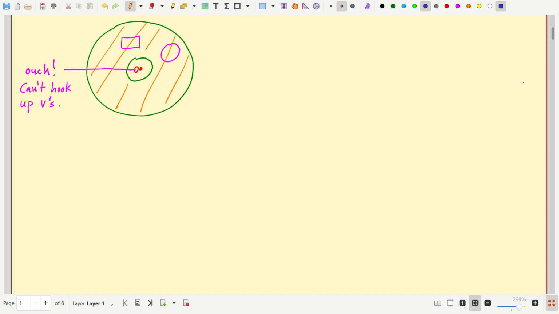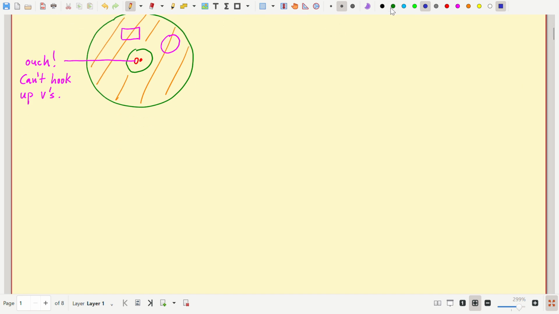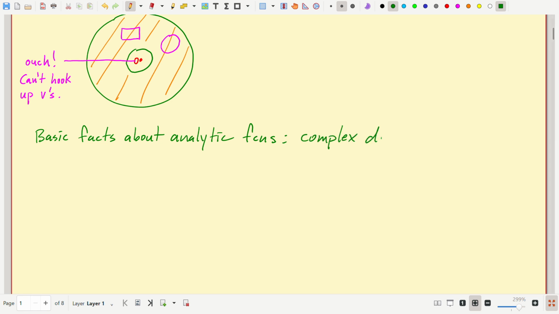So let's see, I want to do more basic facts about analytic functions today, which are complex differentiable functions on a domain, on an open set.